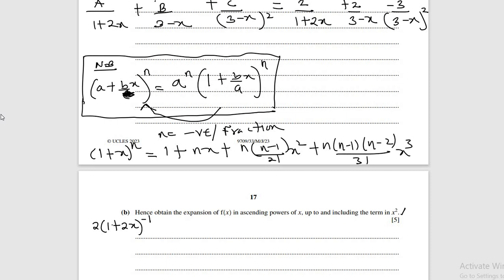This is the formula for binomial expansion where n is a fraction or negative, provided that 1 is here. So we don't need to manipulate this, we are good to go.